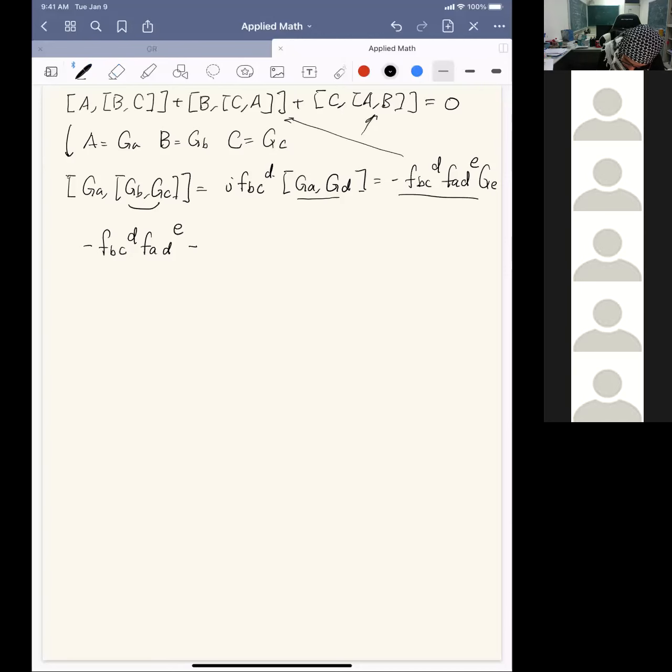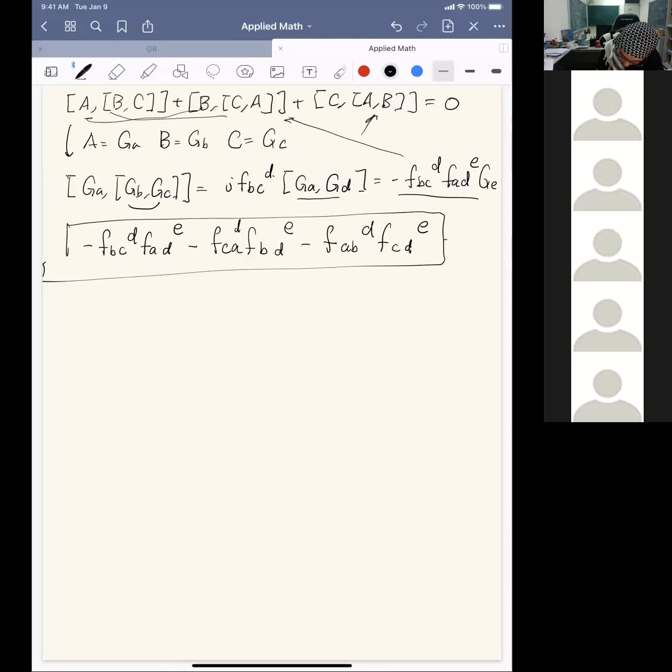So A becomes B, so let's write this out. Of course this is the same. So A becomes B, B becomes C, and C becomes A, right? And doing a similar thing here, you're going to have f^{ABD} f^{CDE}. So then you just have this identity, which has to be 0.